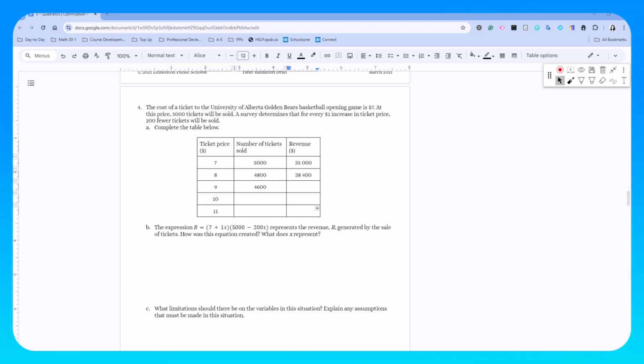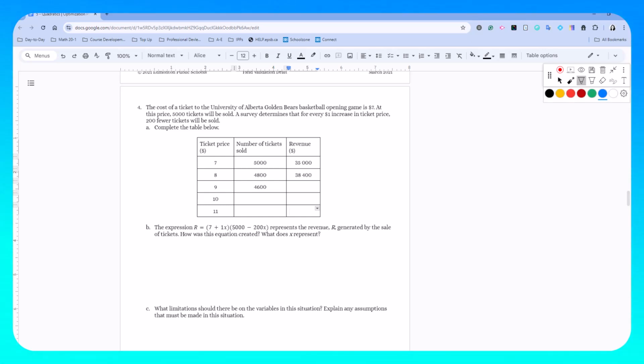So question 4: the cost of tickets to the University of Alberta Golden Bears basketball game opening is $7. At this price, 5,000 tickets will be sold, and a survey determines that for every dollar increase in ticket price, 200 fewer tickets will be sold. It's asking us to complete this chart.